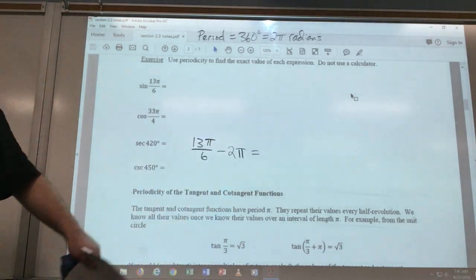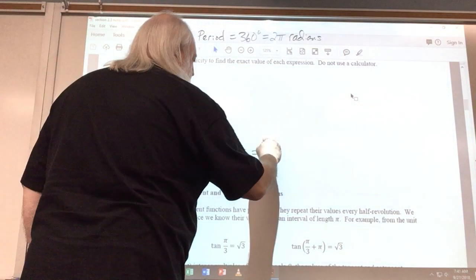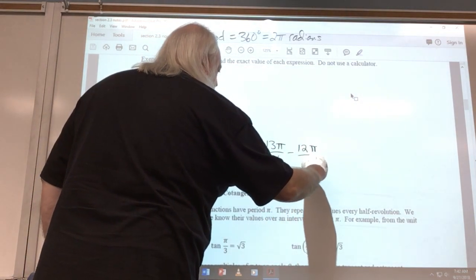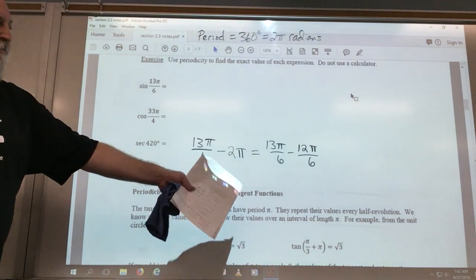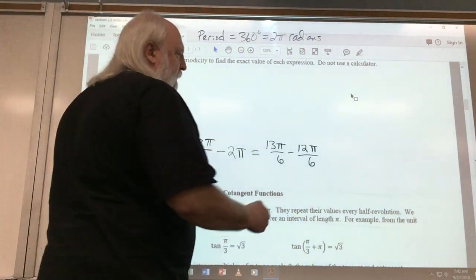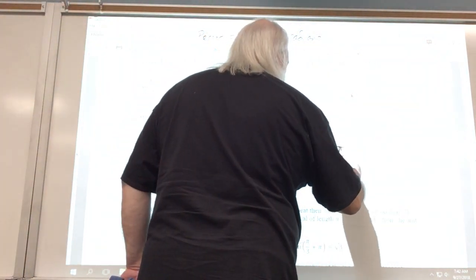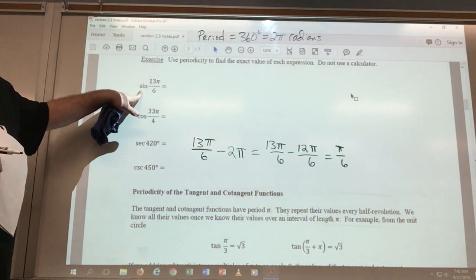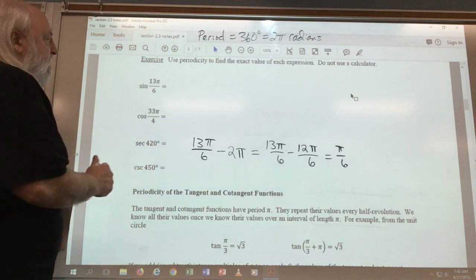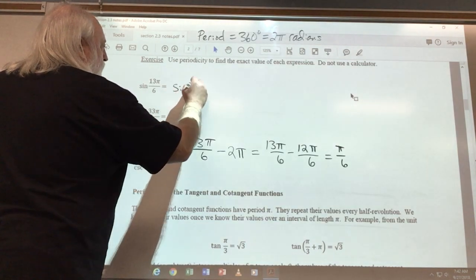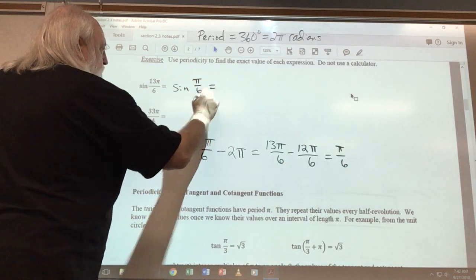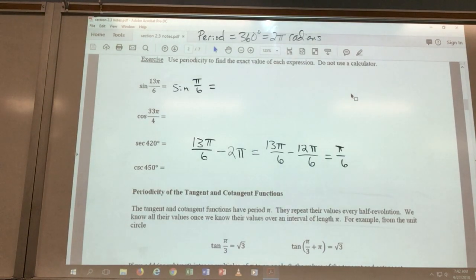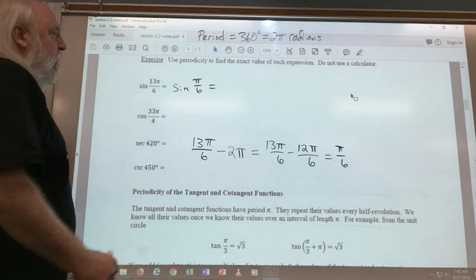Well, 2 pi is the same as 12 pi over 6. So we have 13 pi over 6 minus 12 pi over 6, and that is equal to pi over 6. So subtracting 2 pi from this angle doesn't change the value of the sine function. The sine of 13 pi over 6 has the same value as the sine of pi over 6 radians. And we know from the unit circle that the sine of pi over 6 is equal to 1/2.